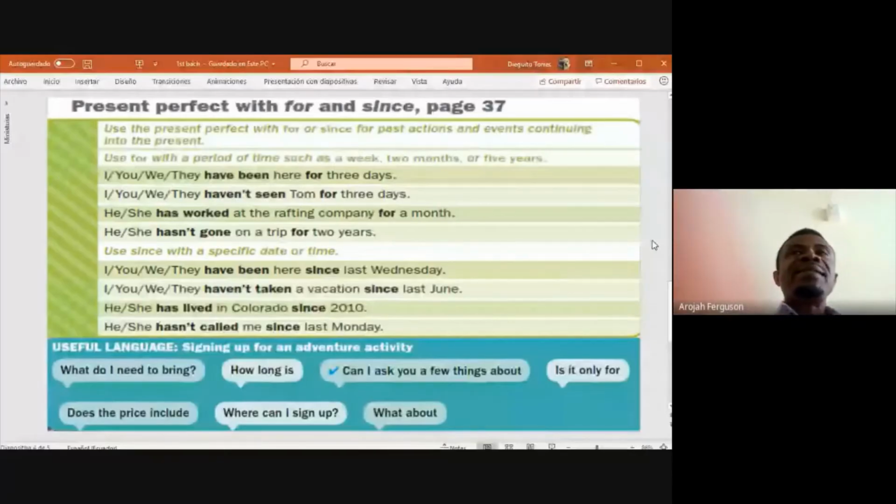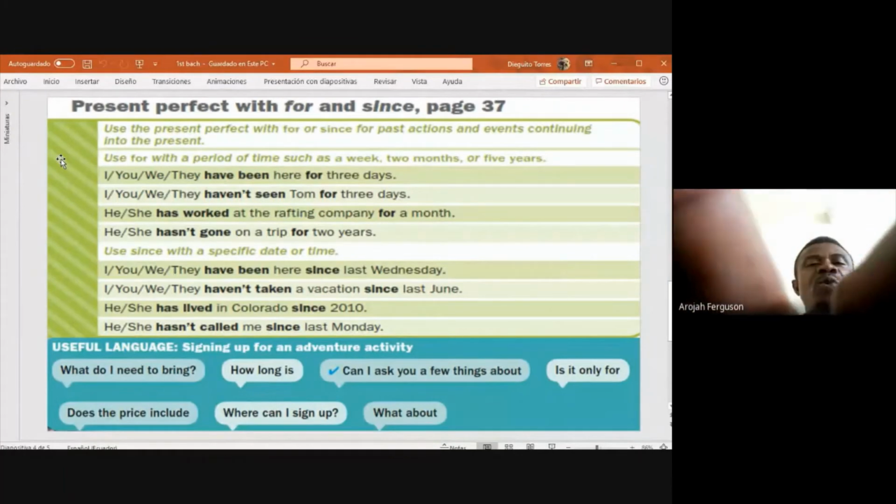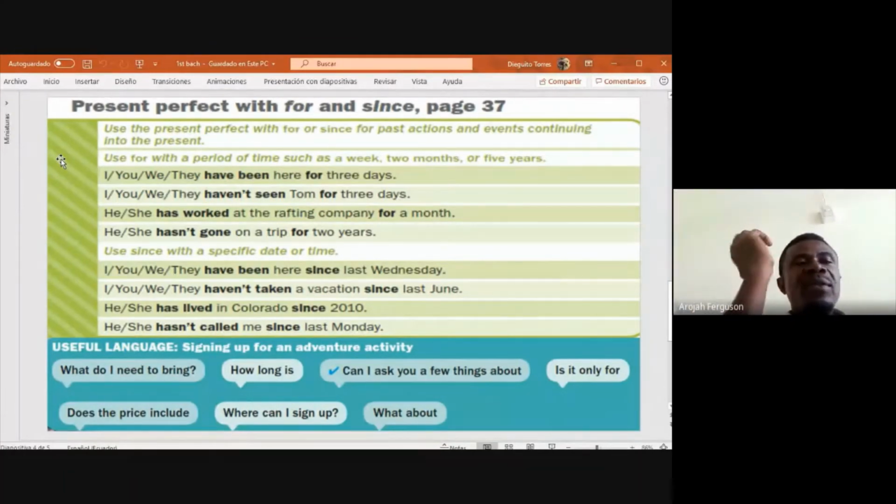Still on present perfect, like I told you, but this time we are using since and for. You can refer to that in your books, page 37. There are formulas for the two. Let's look at the first one.